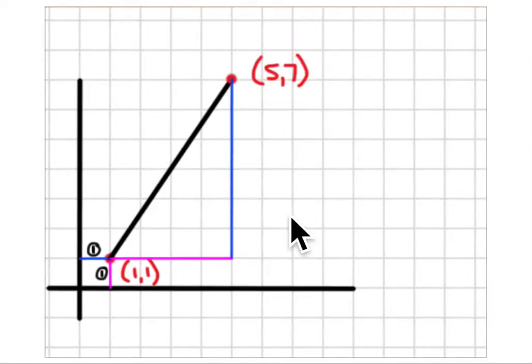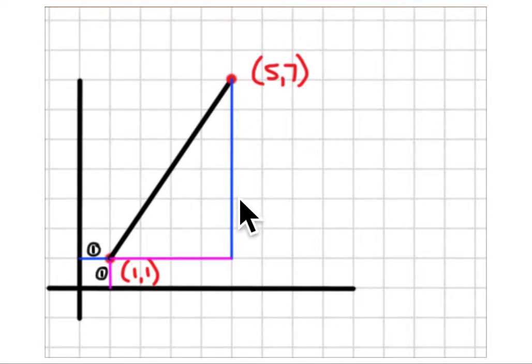Okay, the next one, I'll go a little bit faster. In each case, again, you take this 1 unit away from the x value and this 1 unit away from the y value to calculate each of these lengths. This horizontal length is 7 units, well, what's 7 minus 1?